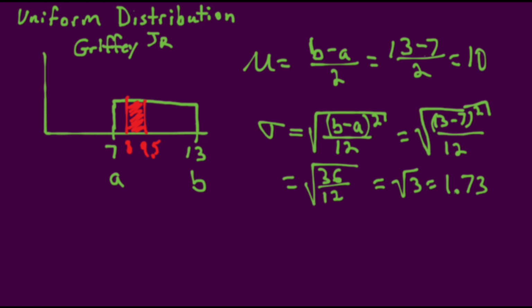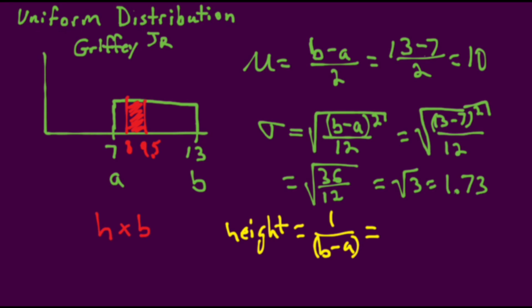To do that, we're going to need to know the height of this line, right? So we're simply going to want to do height times the base. And to do that, we need to figure out the height. So how do we do that with a uniform distribution? Let me just switch colors one more time. To find the height, we do this equation: 1 over b minus a is going to be the height.